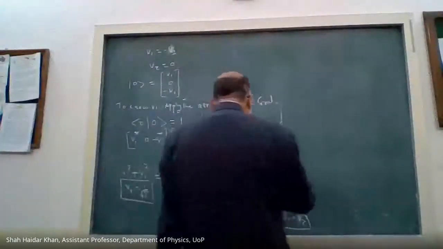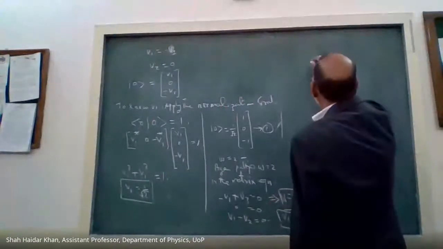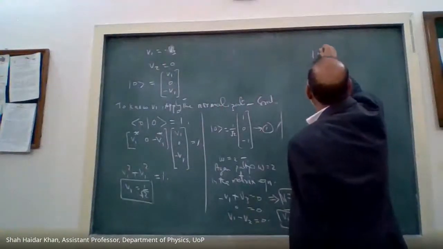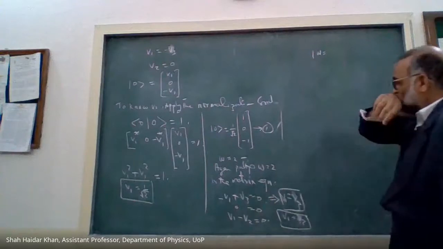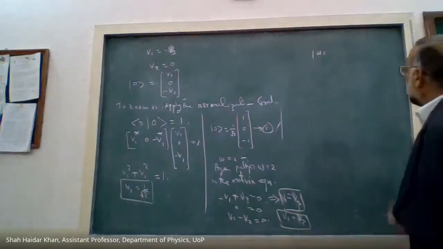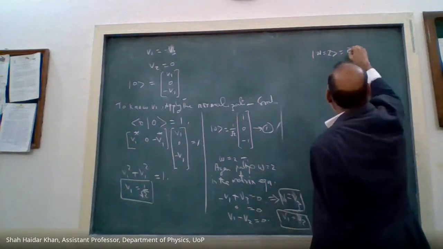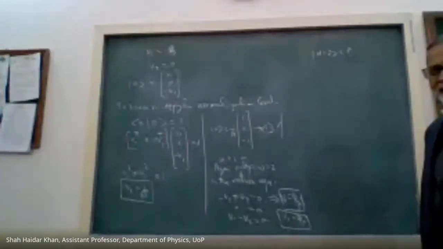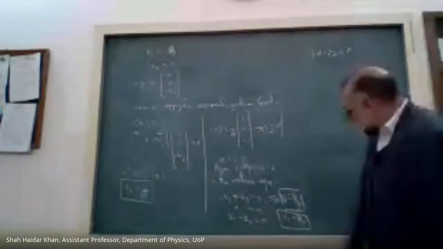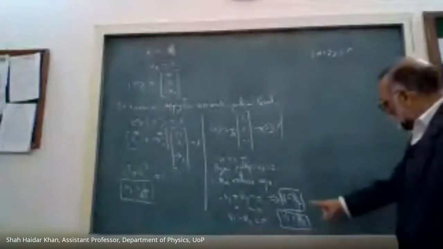So what we have would be like something like this, corresponding to W is equal to 2. What is the vector corresponding to this? So we put the value back and we got V1 is equal to V3.